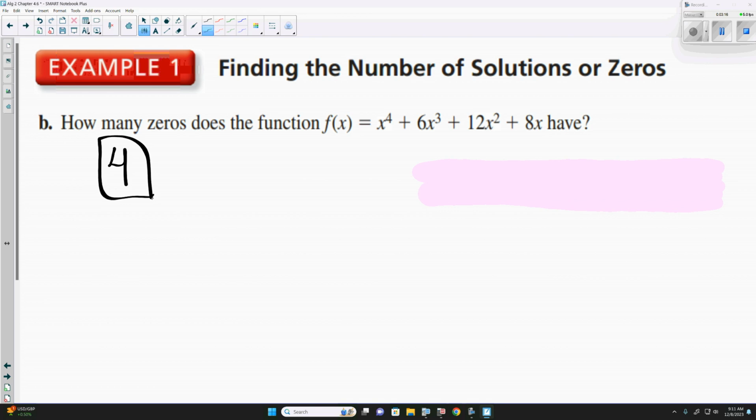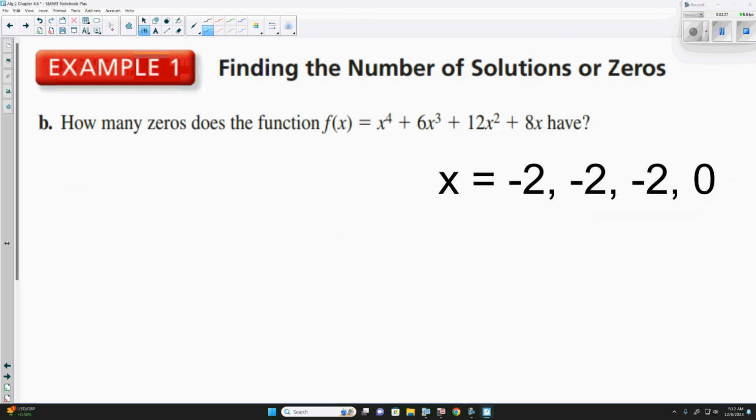Because when we call it a 0, we're trying to find out what value of x will make the function equal 0. Well, that's the same thing as solutions. So we have this here. Incidentally, the solutions or the zeros for this here are -2, -2, -2, and 0. So we have 3 -2's and a zero, but we do have a total of 4 solutions.